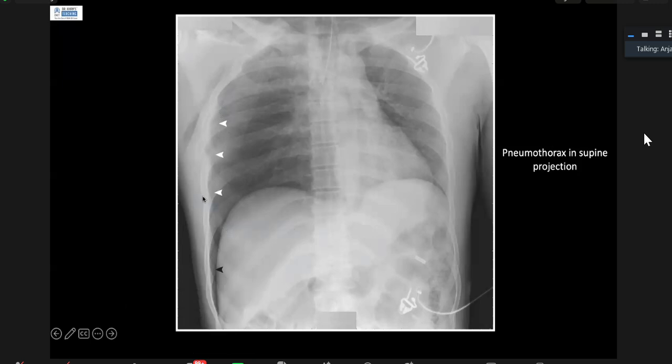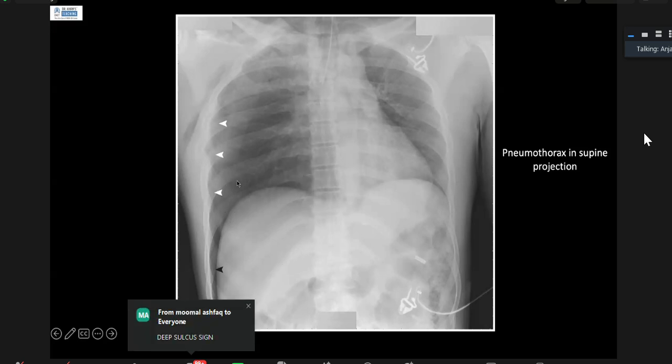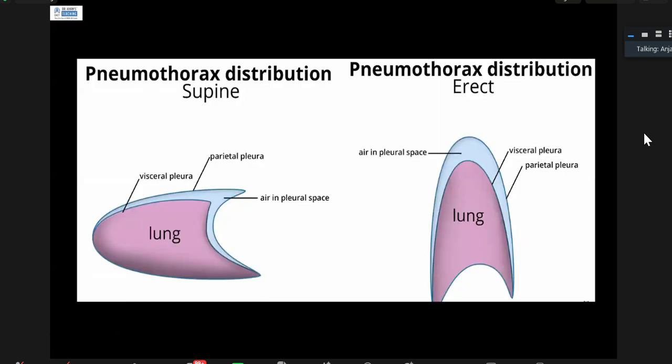But if you notice, you're also seeing a deep tongue-like right costophrenic angle. Did you see that? Okay, and there is more of blackness or lucency over the right hypochondrium, and the right dome of diaphragm is very clearly outlined.